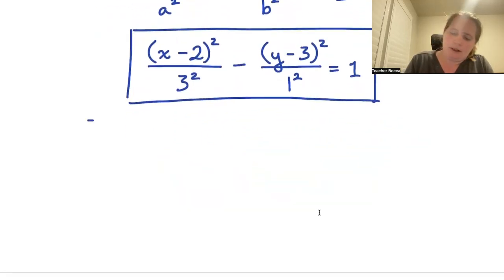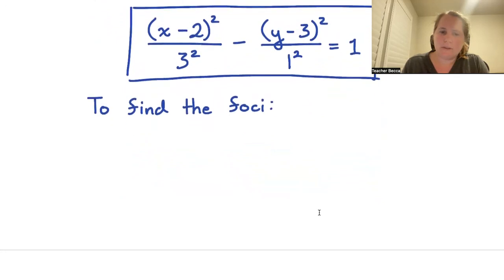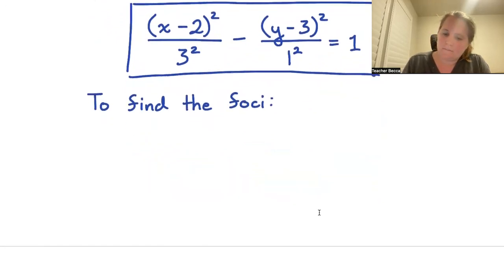To find the foci, we have c squared is equal to a squared plus b squared.